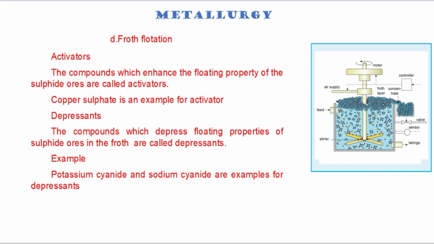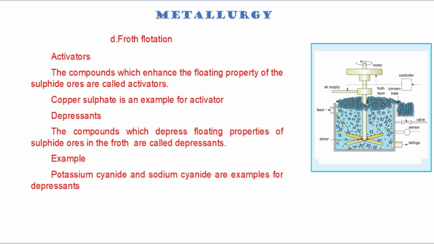The sulfide ore of lead, galena, when found with sphalerite, the sulfide ore of zinc, and iron pyrite, sulfide ore of iron, using activators and depressants, the sulfide ores can be separated. When sodium cyanide is added to this mixture after wetting with oil, the iron pyrite and sphalerite go into solution while the galena floats in the froth.